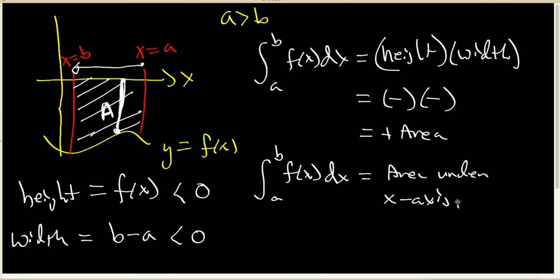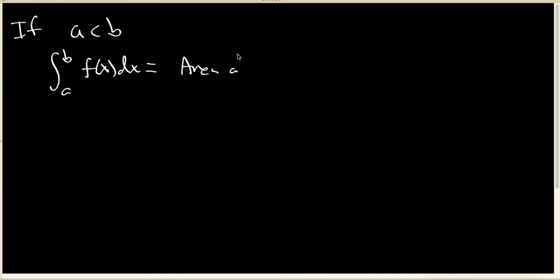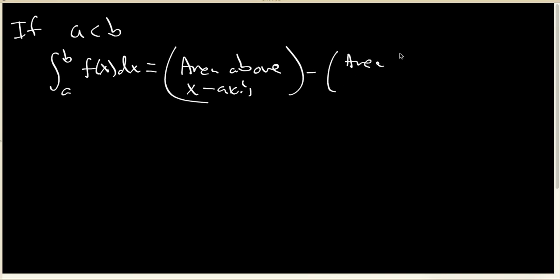So what this means is that we have the following basic kind of relationship. If we are integrating in the correct direction, in other words, a is less than b, then our integral of f of x dx is going to be the area above the x-axis, subtract off the area below the x-axis.